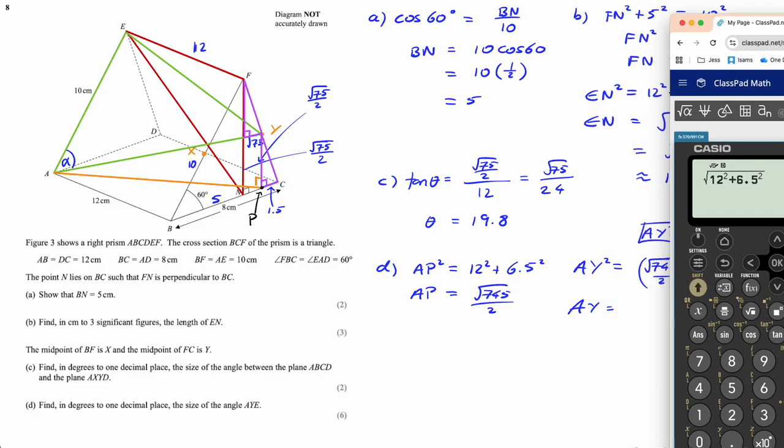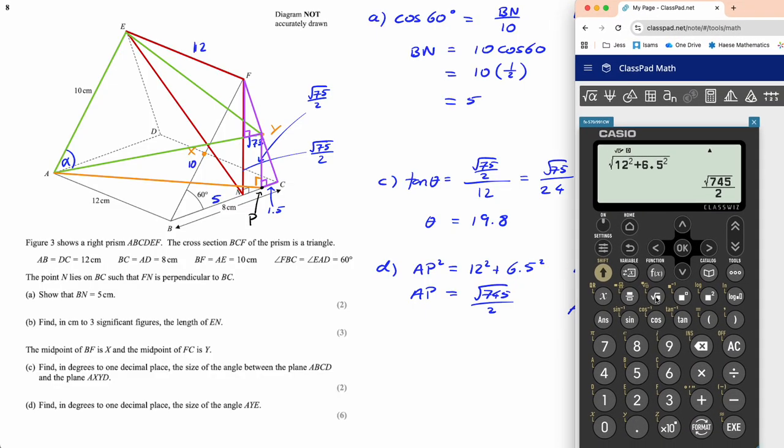okay, it's that. So it is the square root of, I need a bracket here, root 745 over 2 squared plus brackets root 75 over 2 squared.